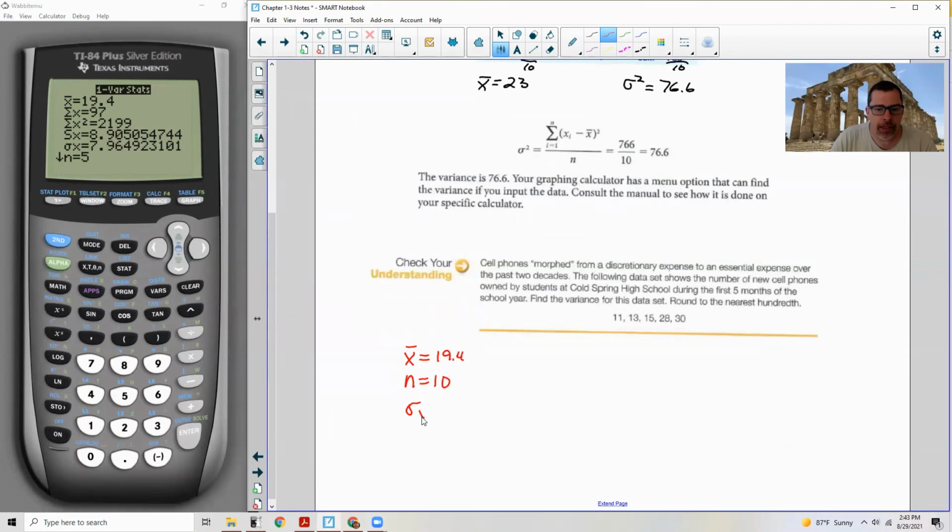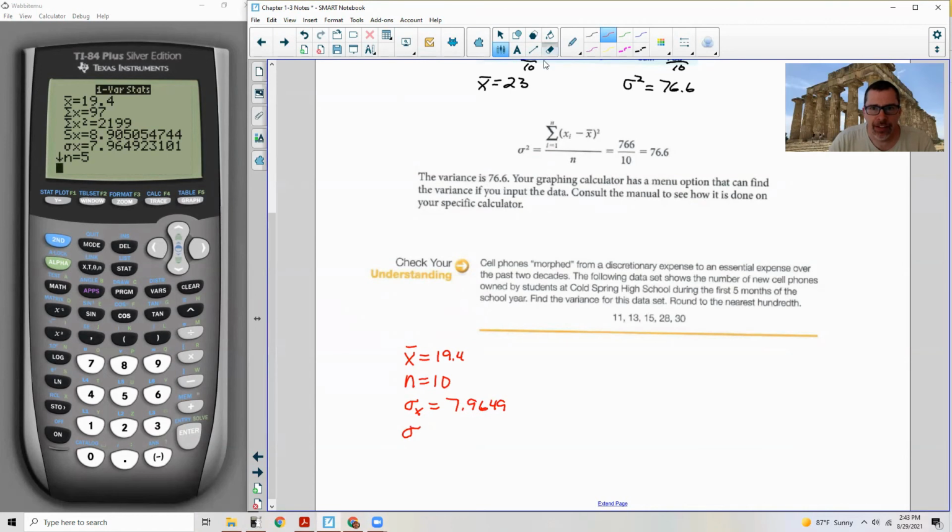Sigma X was, that's really bad sigma. I struggle with writing that. I do not write good sigmas. Okay, sigma sub X equals 7.9649. I'll just go out 4 decimal places.